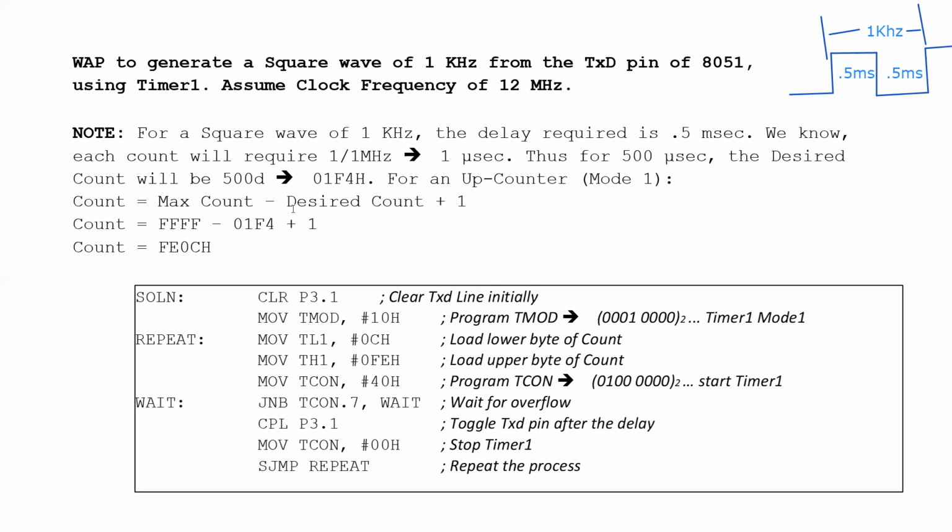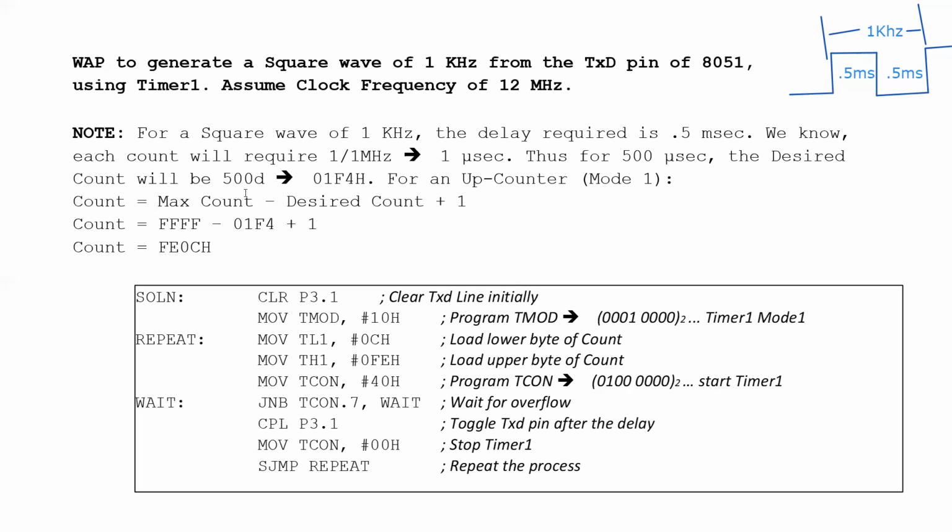You can do it in two ways. Either take the decimal value of FFFF, subtract 500, and add 1, and then you can convert the result to hex. That is one method. And another method is that first you calculate the number of counts, convert the count to hexadecimal, and subtract it from FFFF in hex.